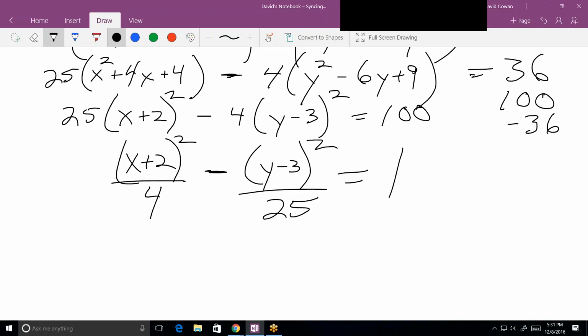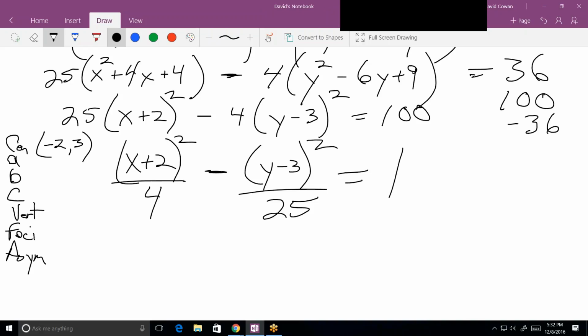So now let's just list the stuff. We need the center, we need A, B, and C, and we need the vertices and the foci, and the coordinates and the equation of the asymptotes. Start with the center. Well, that's just negative 2 comma 3.